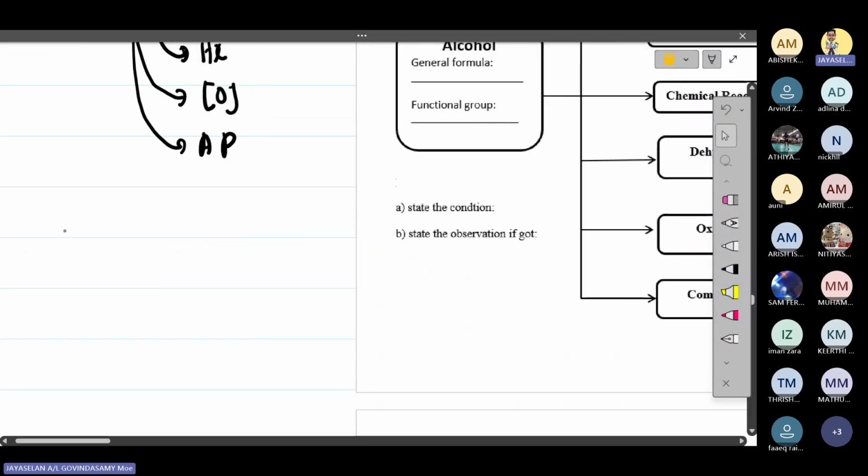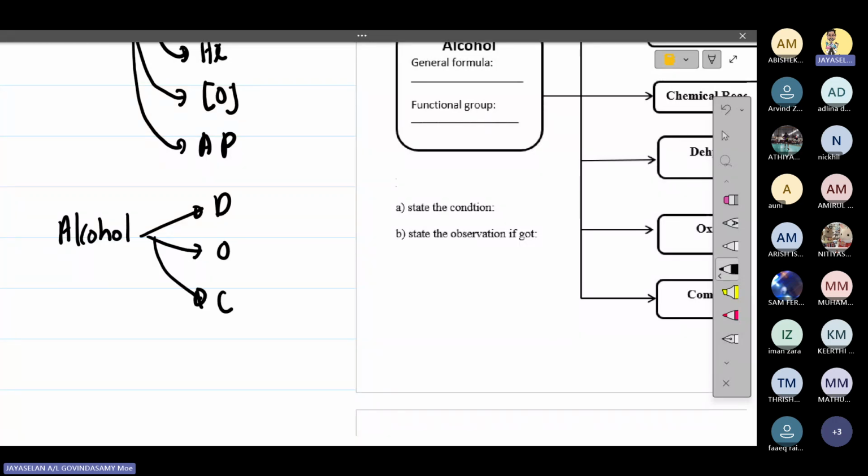Alcohol has 3: DOC, dehydration, oxidation, and combustion. And carboxylic acid has 2. That's all, settled.